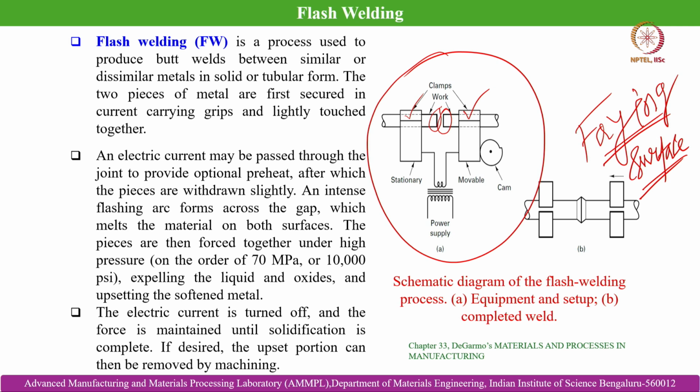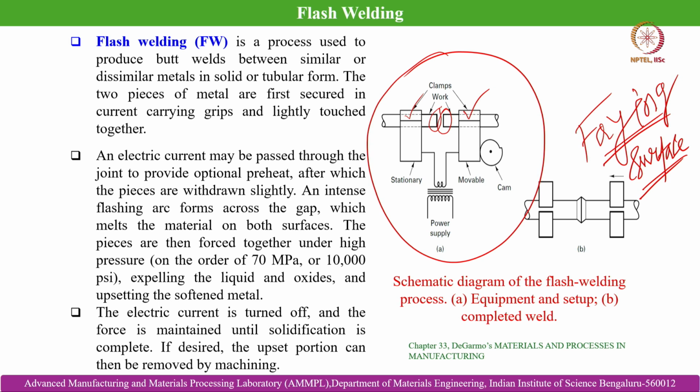Upsetting of the softened metal takes place at the region adjacent to the contact region between the workpieces, and that promotes plastic deformation and also diffusion. That is why atomic level bondings are developed, and in turn we get the joint developed by the flash welding technique. The electric current is turned off and the force is maintained until solidification is complete.